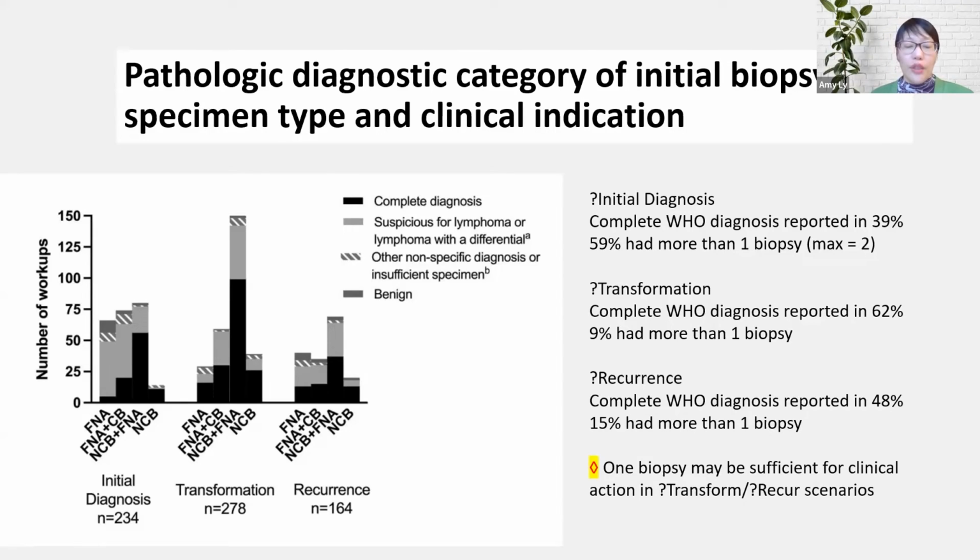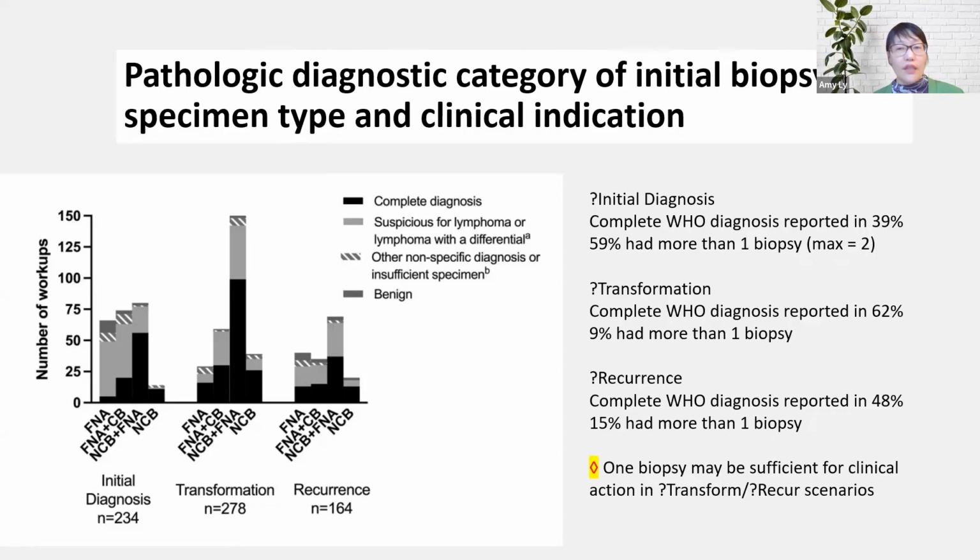There is a complete WHO diagnosis in the pathology report available in 62% of those undergoing biopsy to query transformation, and 48% for those undergoing biopsy to query recurrence. But there was a very low rate of multiple biopsies being needed, suggesting that one biopsy may be enough for clinical decision-making in these scenarios.